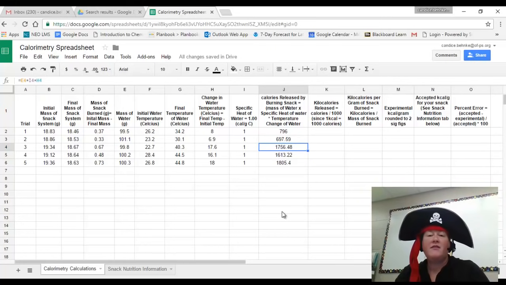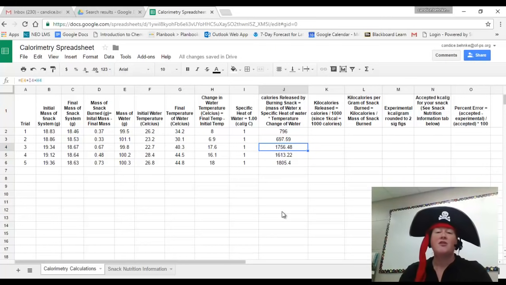Now, the calories released by the snack are actually much smaller than the calories we're used to. When you read food labels and it says calories, it is in actuality a kilocalorie. So a kilocalorie is equivalent to 1,000 calories. So what I want us to do right now is convert the calories to kilocalories.